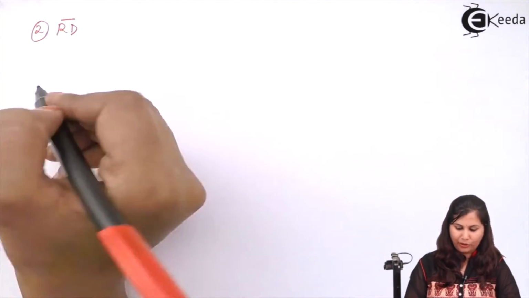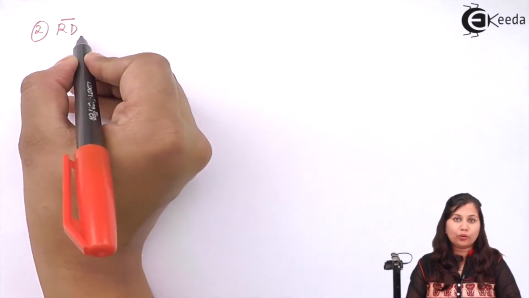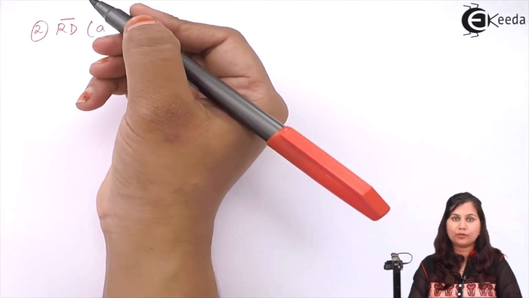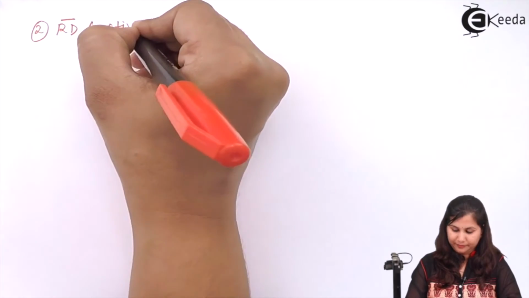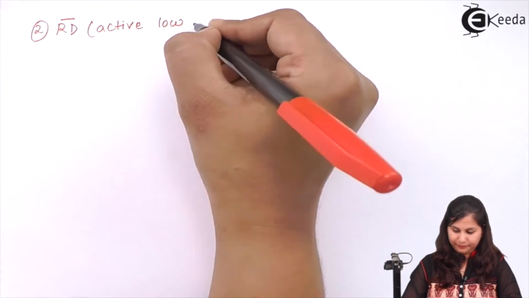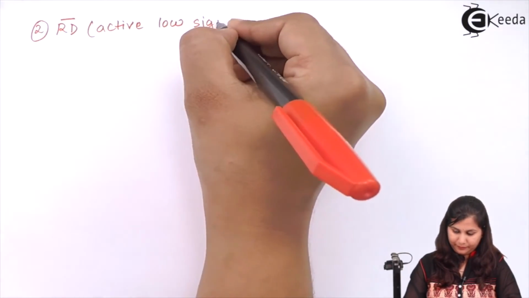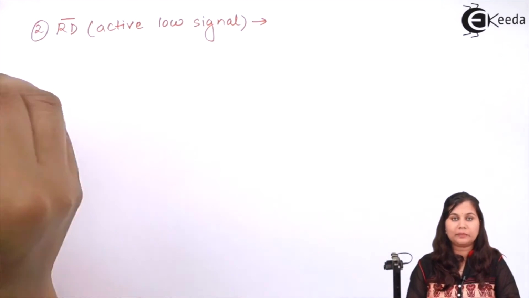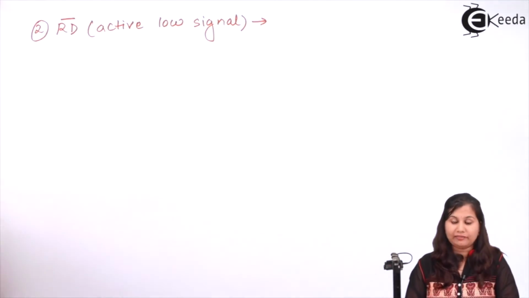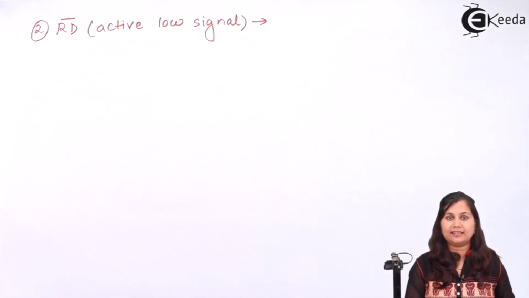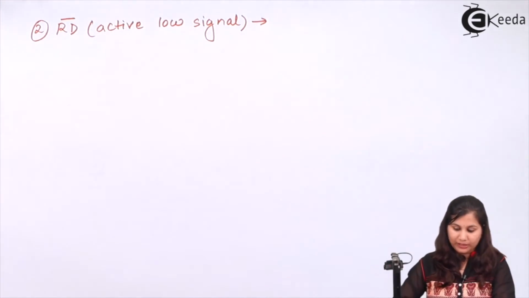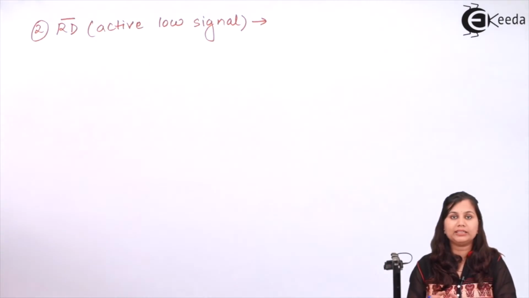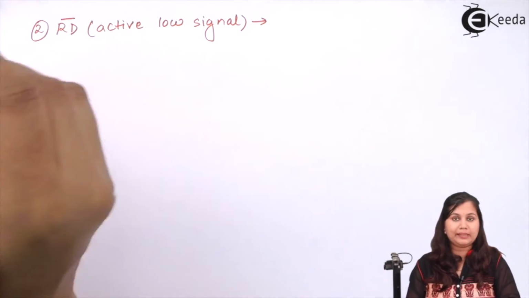RD with a bar on it. It is an active low signal. This bar shows that it is an active low signal. That means when this signal is 0, it is active, and when it is 1, it is inactive. Now when this signal is low, it means that the microprocessor is performing the reading operation. RD means read.